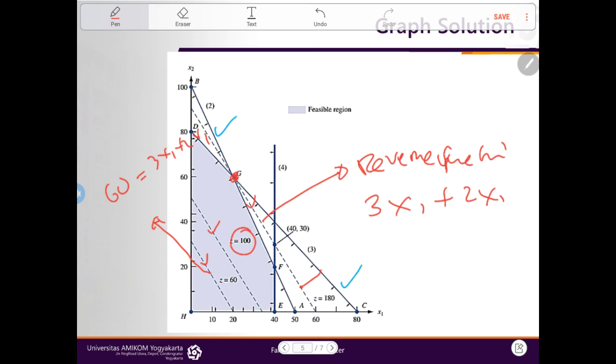So this point is the point that we're looking for, and the gray area is the feasible solution.